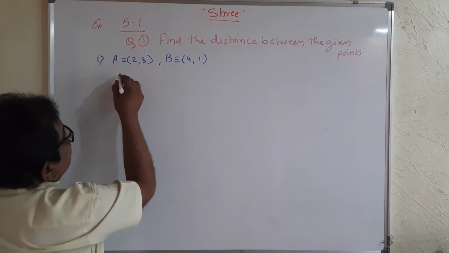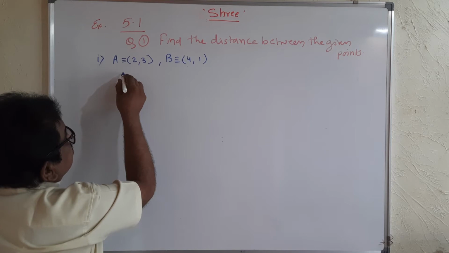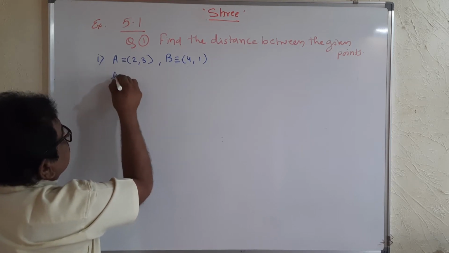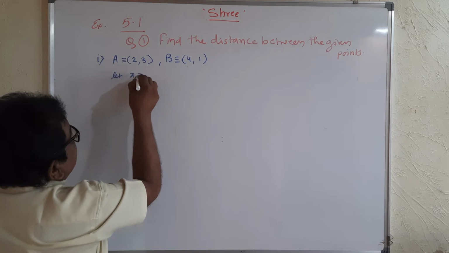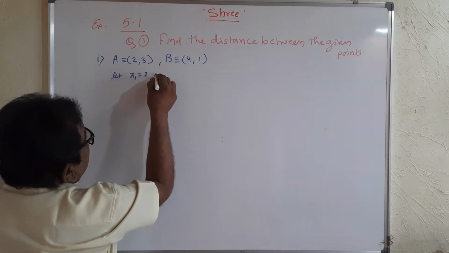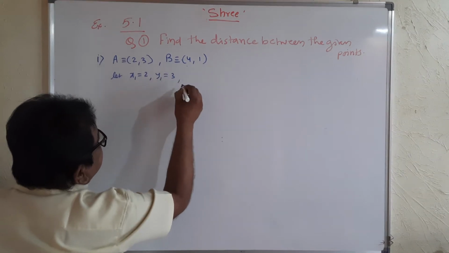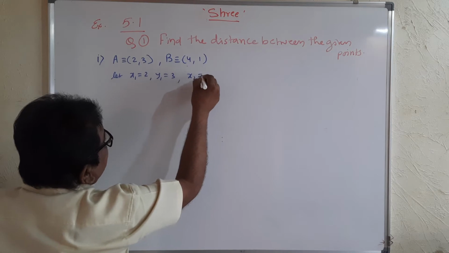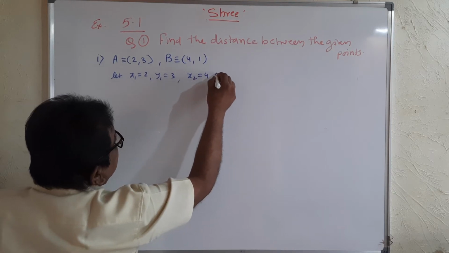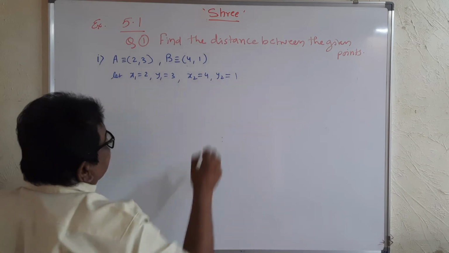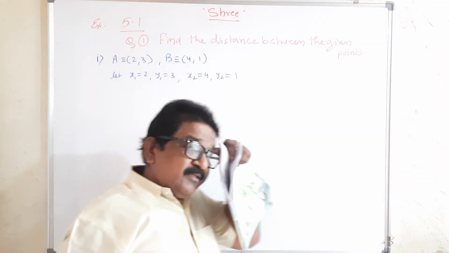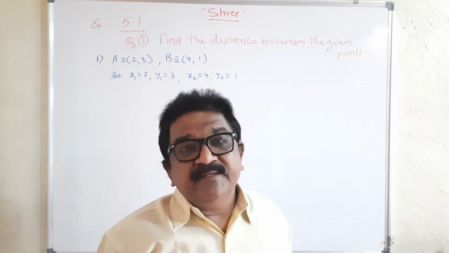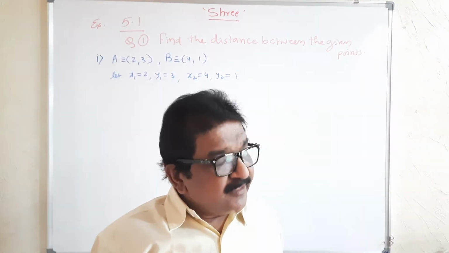So let us make assumptions: let x1 is equal to 2 and y1 is equal to 3, x2 is equal to 4 and y2 is equal to 1. After this assumption, first point's coordinates are x1, y1 and second point's coordinates are x2, y2.